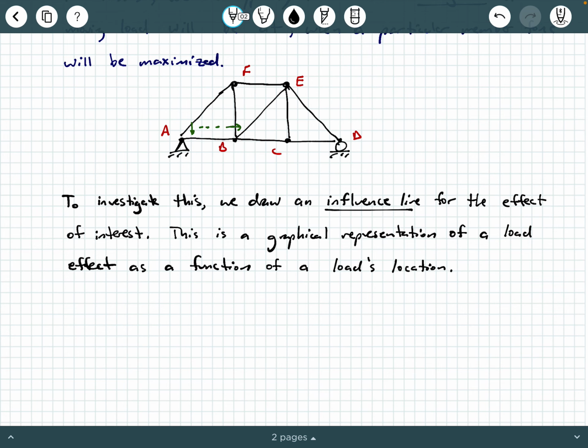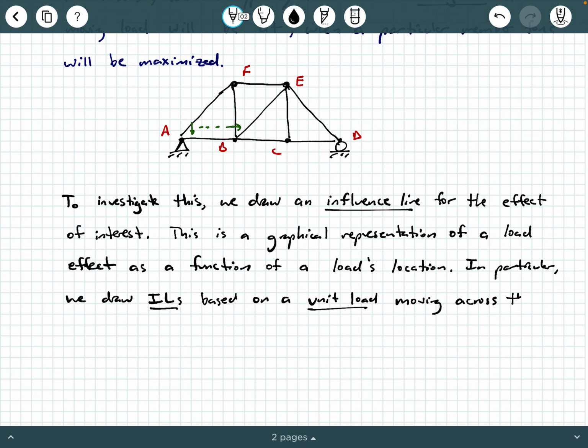And in particular, we draw influence lines, I'm going to abbreviate it as IL, based on a unit load moving across the structure, okay?